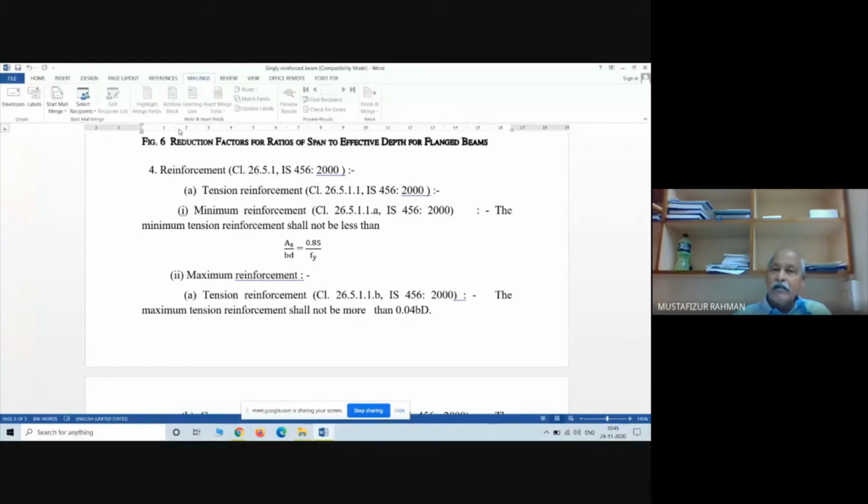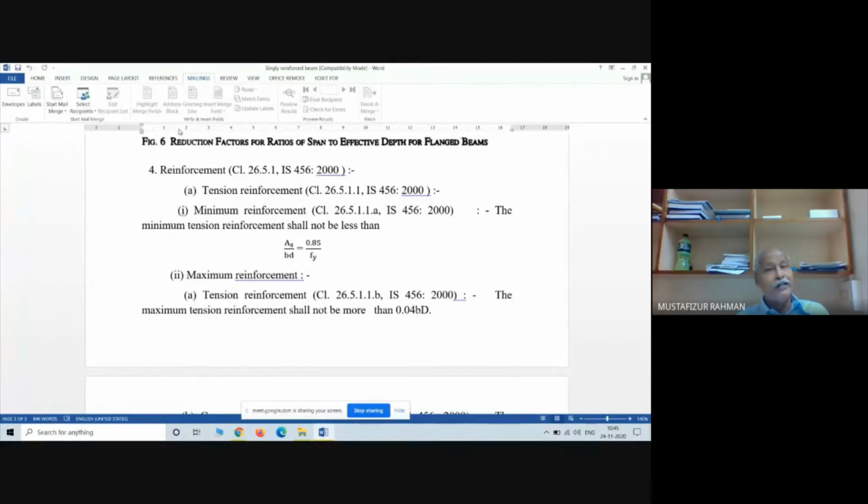Now we go to the chapter on single reinforced section. The factored moment is known, breadth is known, and depth is known. Now our problem is only to find out the area of steel.